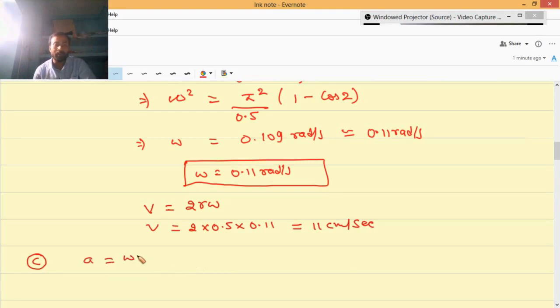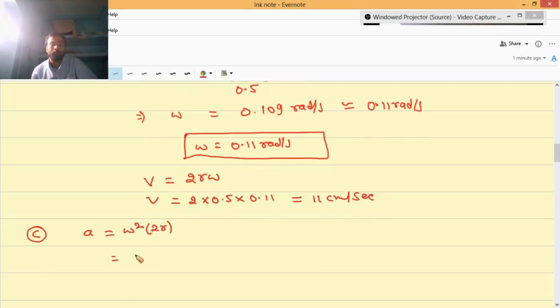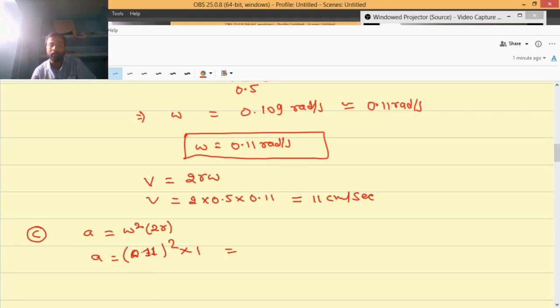So that centripetal acceleration will be exactly equal to omega square into 2r. So omega value is 0.11, so we have to take its square, and 2r will be 1 only. So this value, 0.11 square, let me evaluate.